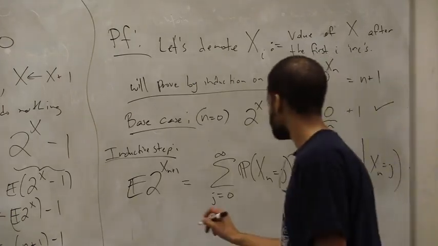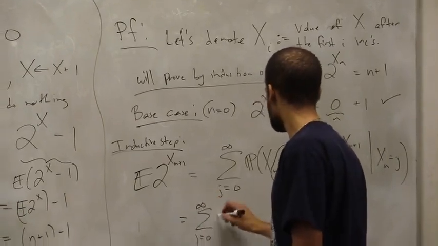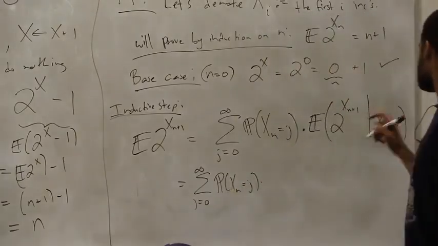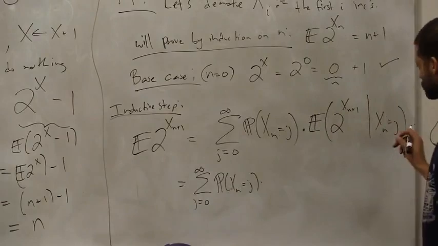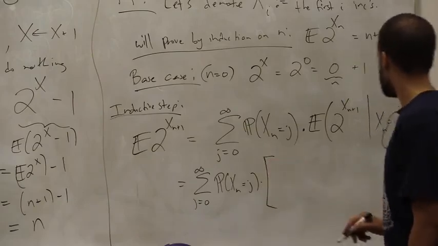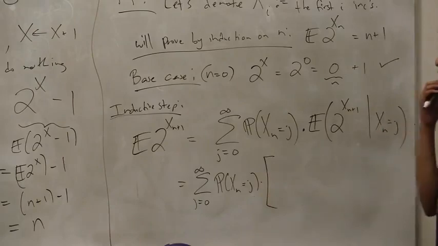What is this? This is the sum, j goes from 0 to infinity, of the probability that xn is equal to j, times, what is this conditional expectation? Well, with probability 1 over 2 to the x, we increment, otherwise we don't.